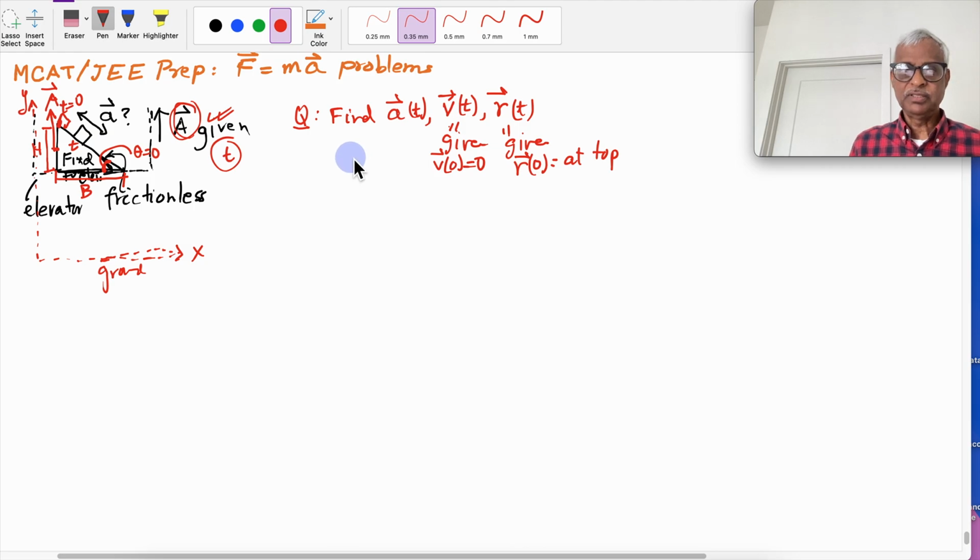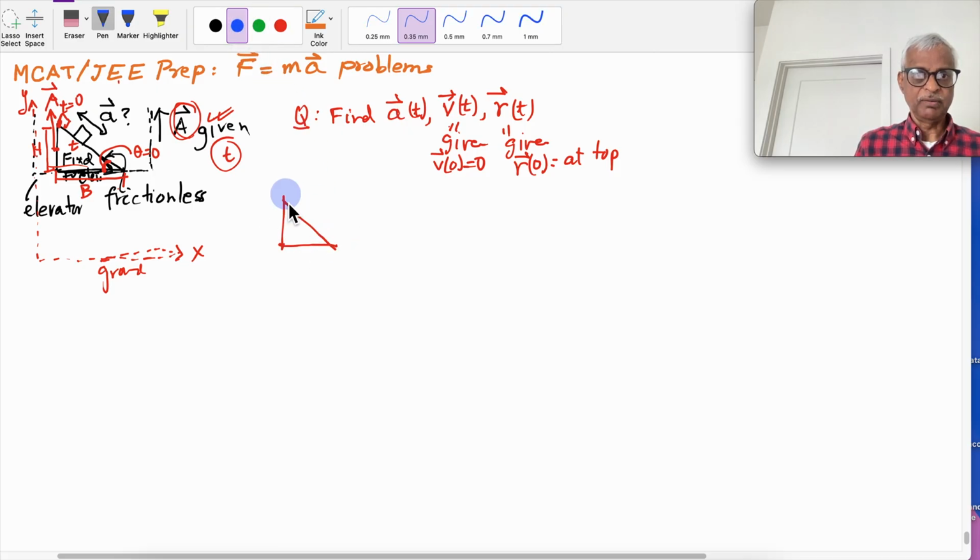Oh, so I've talked about this, that if you have a choice to say, I am going to have a frame which moves with the block, or wedge, I mean. So here's a wedge.